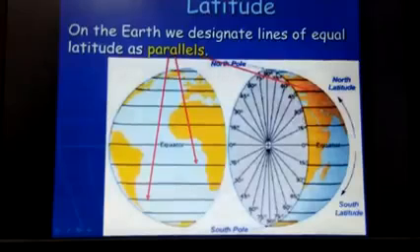On the earth, these are designated as lines of equal distance, because the distance between one latitude and another latitude is equal in size. So what is the distance from one latitude to another latitude?